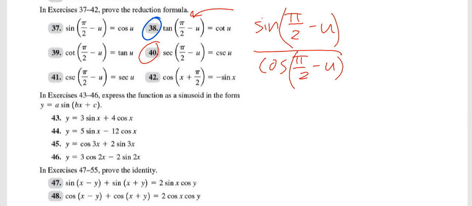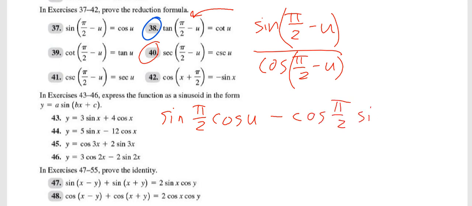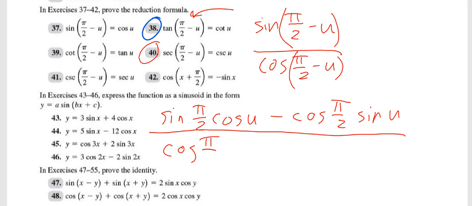Sine would be y, x, x y, all over x, x, opposite sign y y. I'm just following the formula, folks, plugging stuff in as we go.